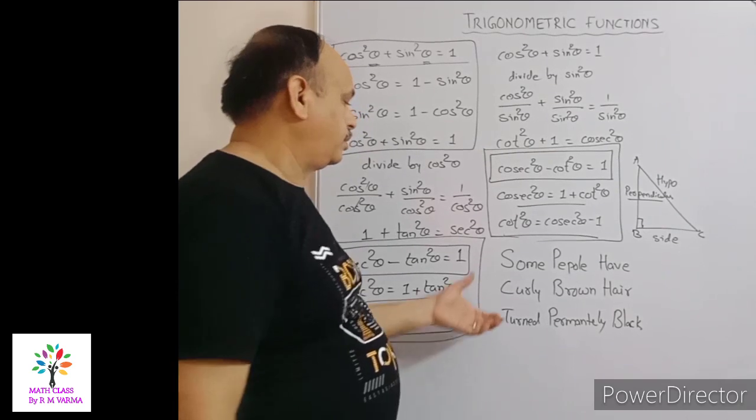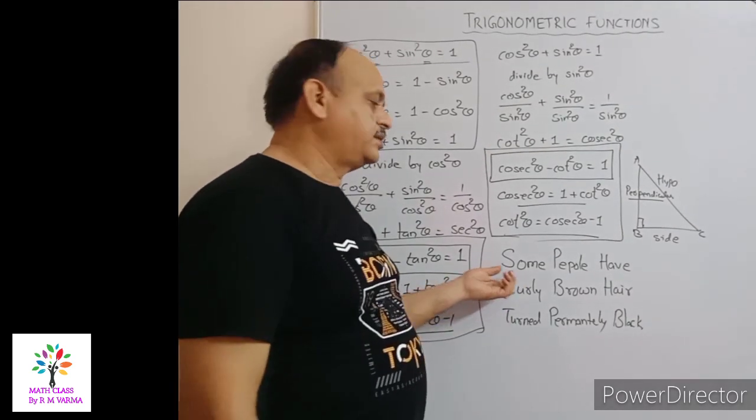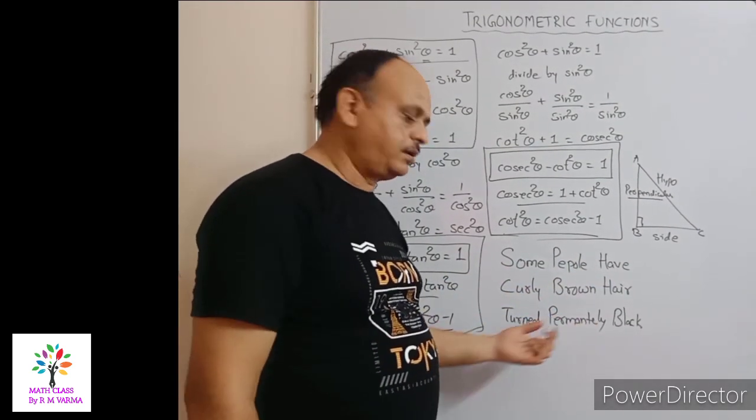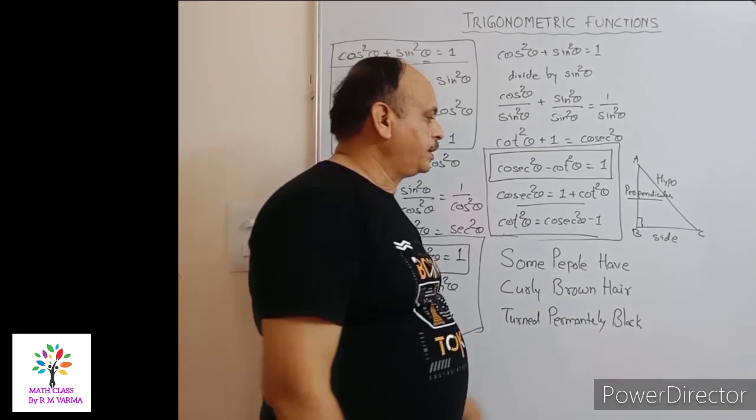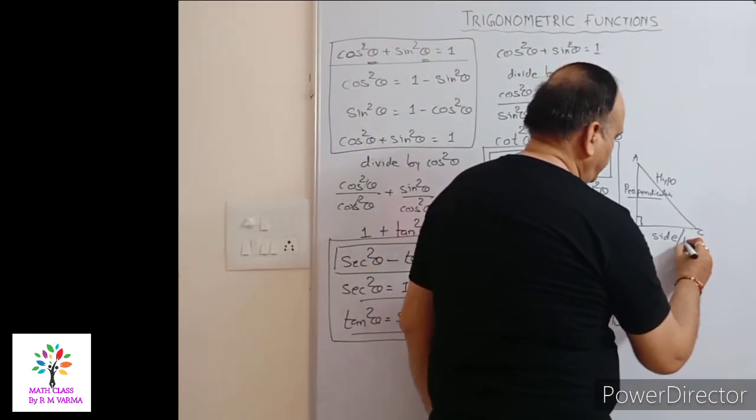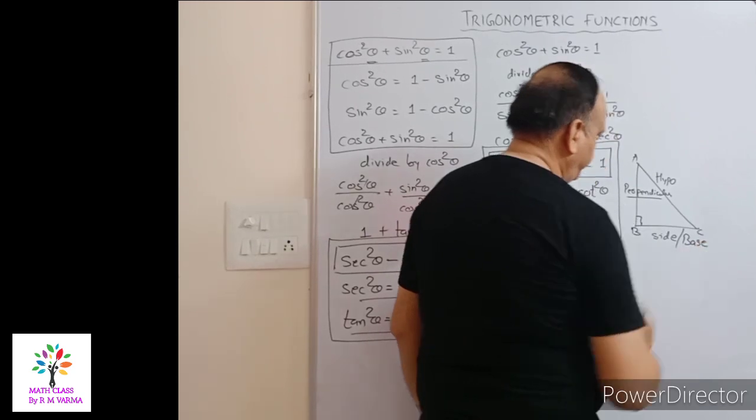Right? Now, what does this give? Some people have curly brown hair turned permanently black. Now, the side can also be called as base. Right?